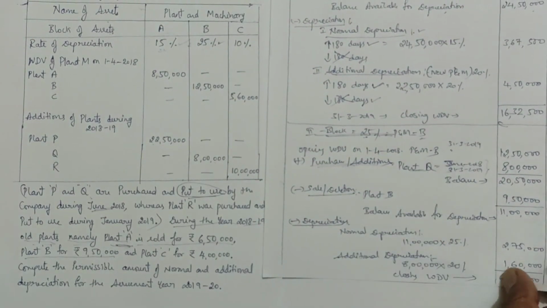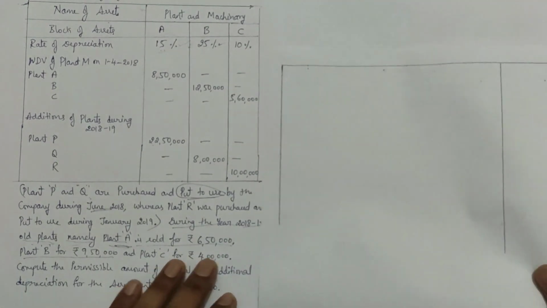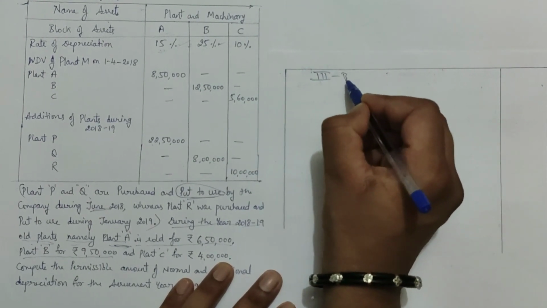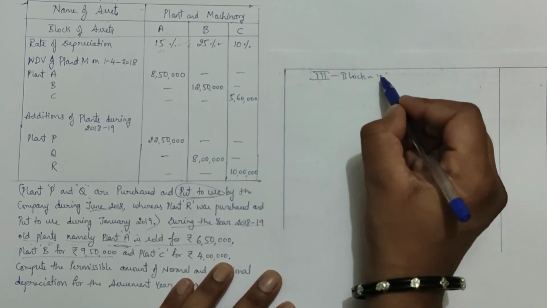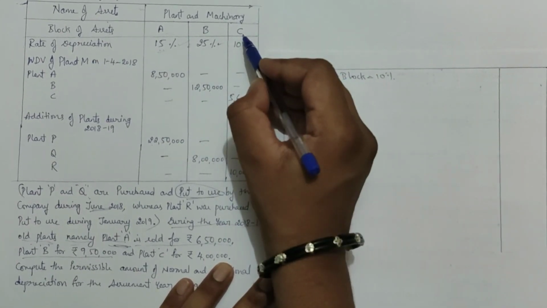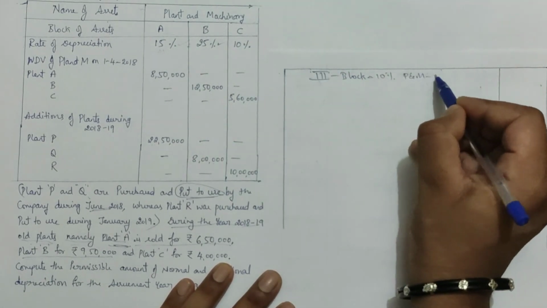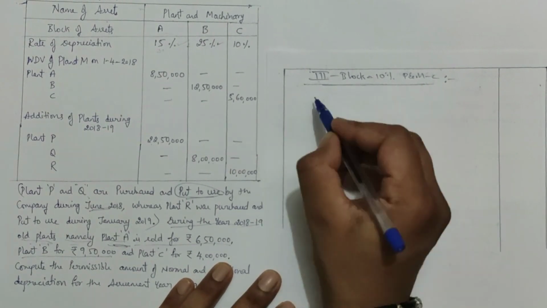So here we have finished the first block and second block. Now we will see the third block, how to calculate that. Here we are doing block number 3. Right, here 10%. Block number 3, that is plant and machinery C. Correct. So we will calculate here.